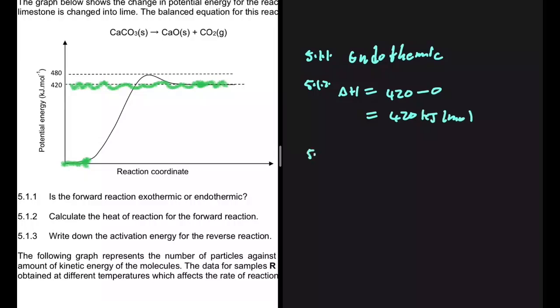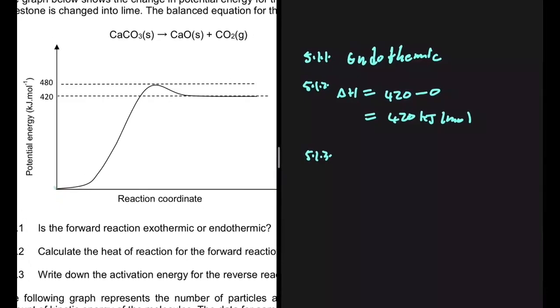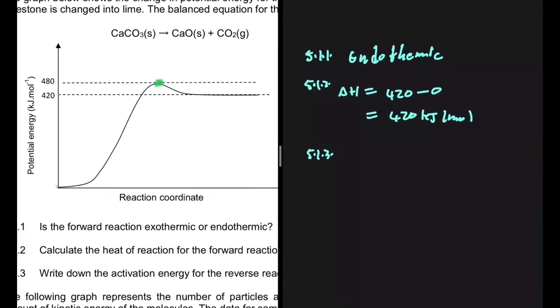Looking at 5.1.3, write down the activation energy for the reverse reaction. Now we are interested in the activation energy for the reverse reaction. So the activation energy for the reverse reaction will be this energy here at the peak, which is 480 kilojoules per mole, minus the potential energy of our reactants.